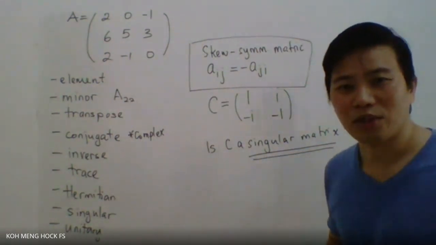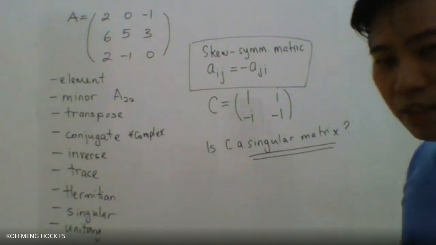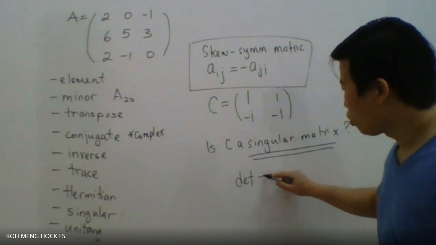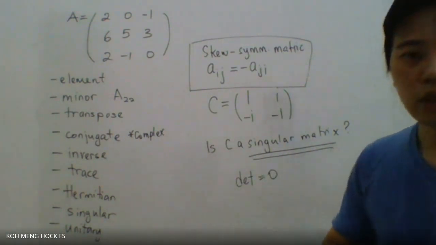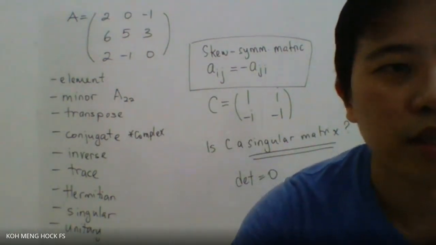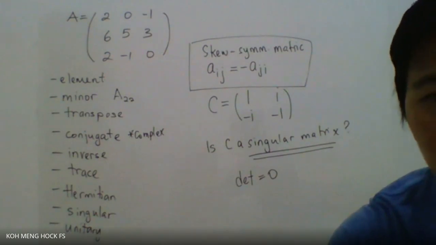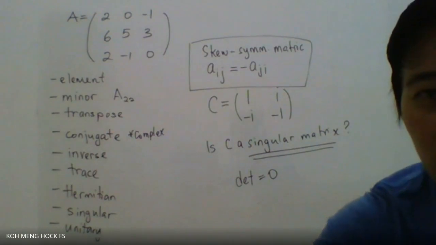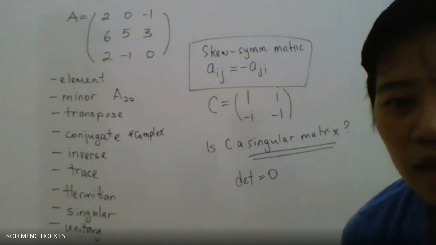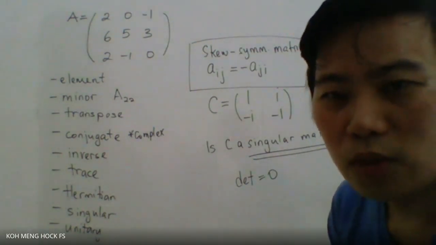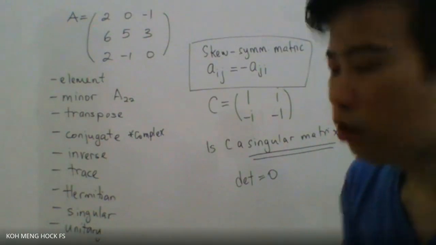You answer me first, I tell you. If yes, very good. So if the determinant is equal to 0, then you have a singular matrix. Yes or no? Shahida, no. Correct. Khalida, no. The determinant equals -2.